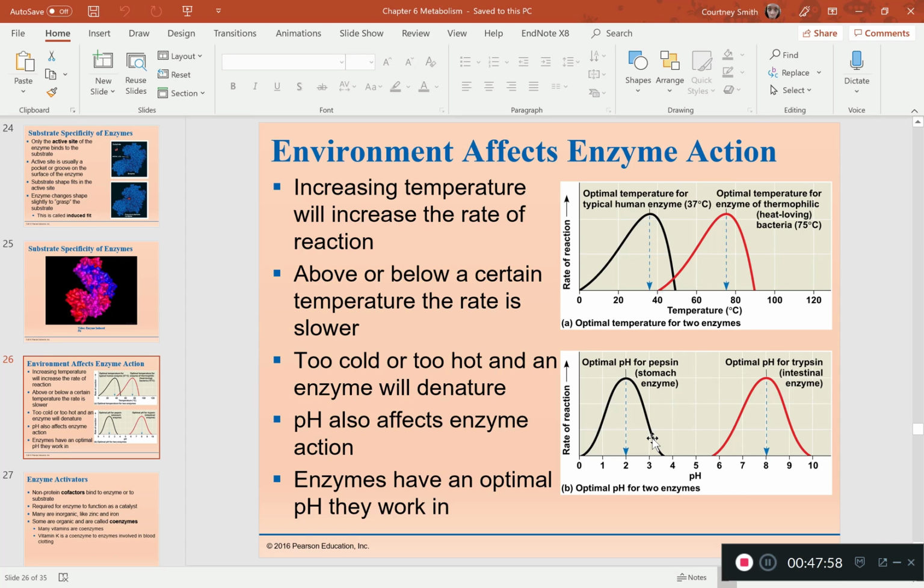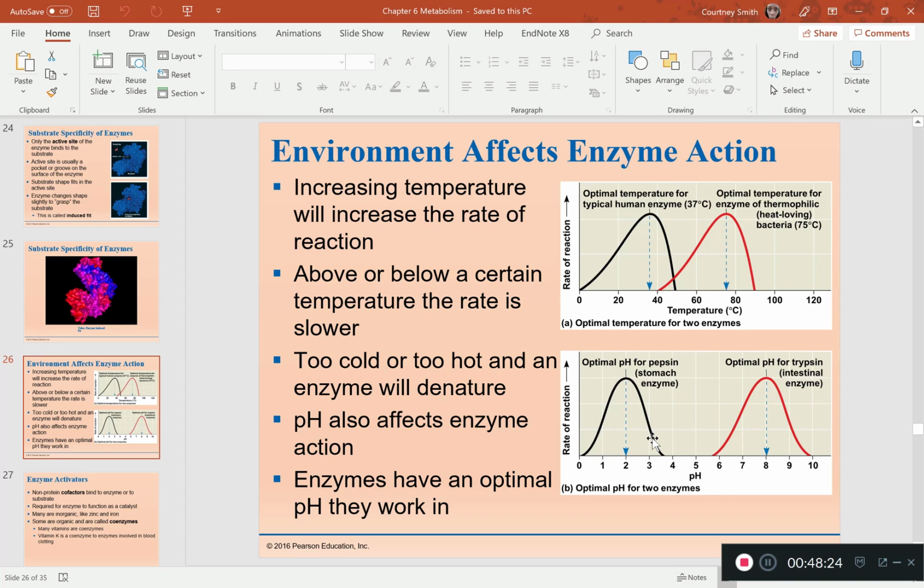Now what if, with the temperature one at least, we went colder? It has the same idea. The only difference is that the enzyme may not, quote unquote, denature. What may happen is that it'll become somewhat dormant. It may denature depending on how cold it is, but for the most part, it'll just become inactive.